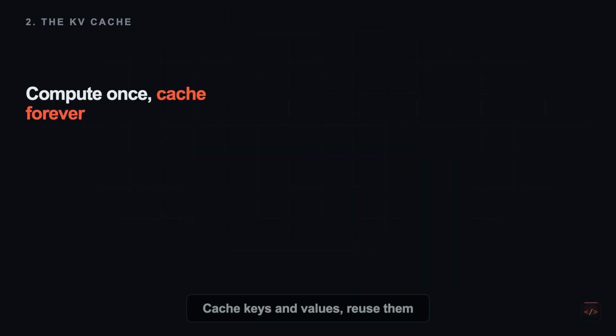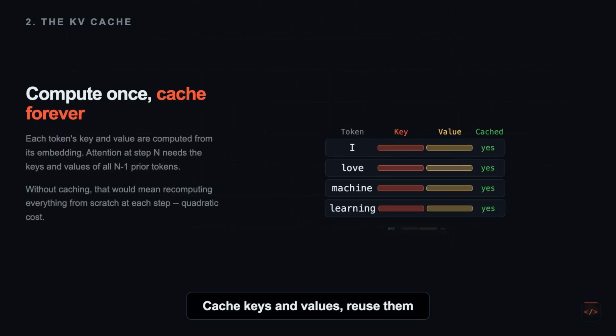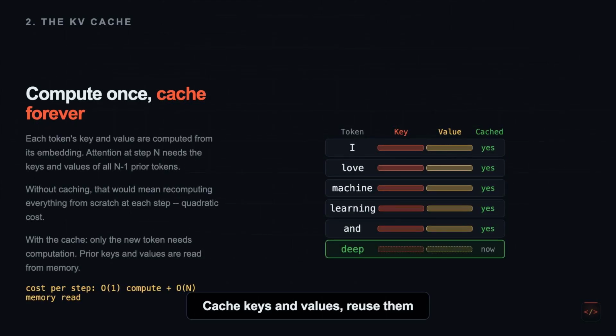Here is the single most important optimization in inference, the KV cache. Recall that attention turns each token into a key and a value. When generating token 100, the model needs the keys and values of all 99 tokens before it. Without a cache, it would recompute them from scratch every single step, which is enormous wasted work.